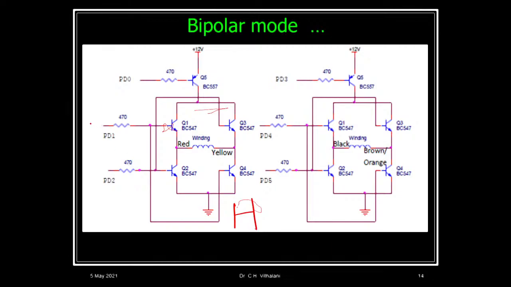Whenever PD1 is high, then transistors Q1 and Q4 will be on, and the current will flow through the winding like this, because the collector is connected to this.